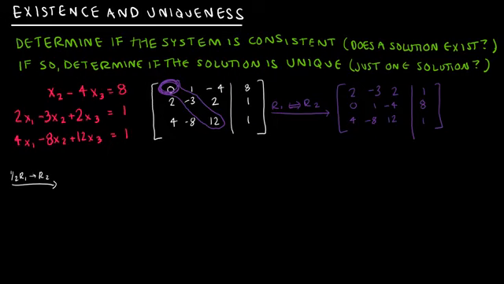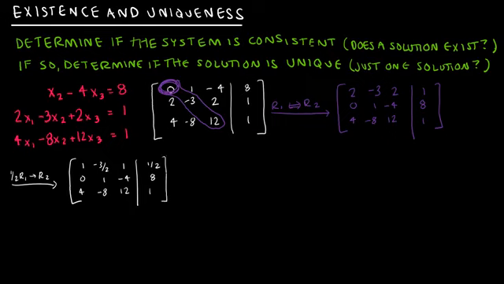That's using scaling. So I'm going to get 1, negative 3 halves, 1, 1 half. And this stays the same. And that's a positive 4. 4, negative 8, 12, 1.